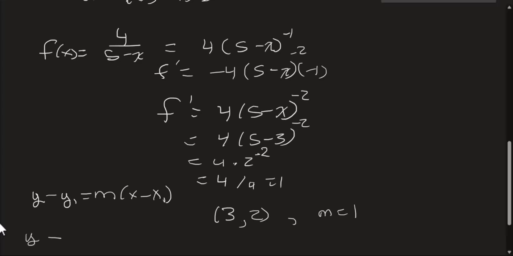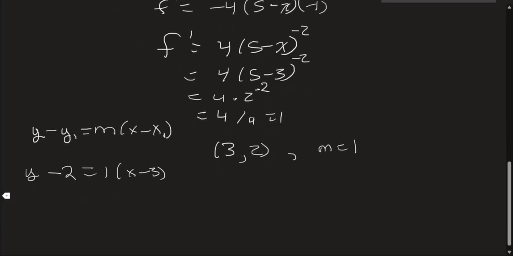So y minus 2 equals 1 times x minus 3, and then you solve that for y. So y minus 2 equals x minus 3, or y equals x minus 1.